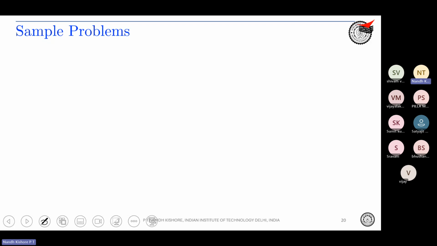So question number 11 is a bit different. This is based on again RC circuits.